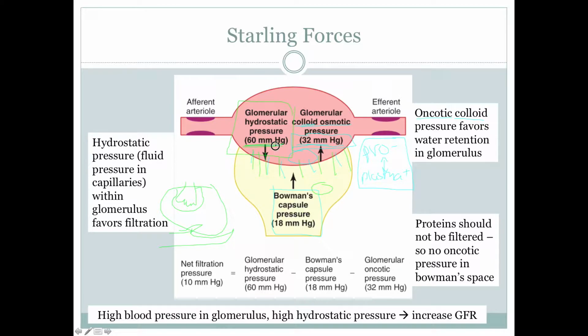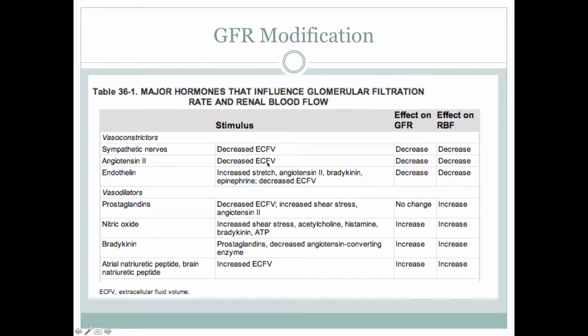When you have these nice stable pressures, there is a normal rate at which things move through here, which again, you can alter depending upon what's going on in the body. So this is just to tie that up.